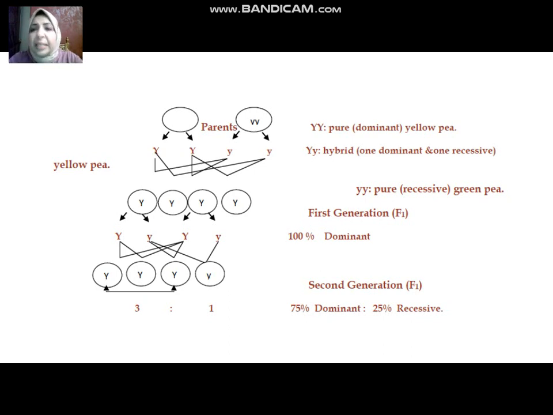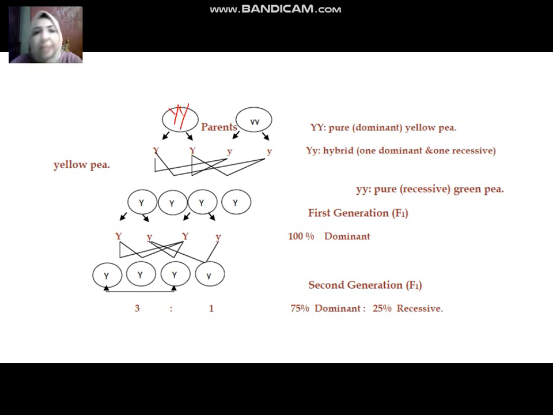If we take a simple example, like your book, we can use any letter, but we will use the letter Y. If we write letter Y in two capital letters, Y capital, Y capital, it indicates the pure dominant trait. This character will be yellow pea seed. We write it here: Y capital, Y capital.